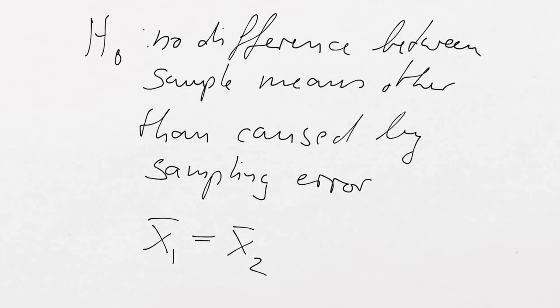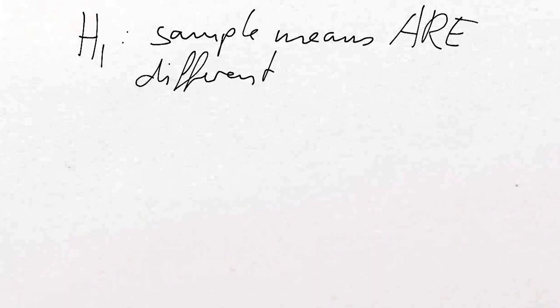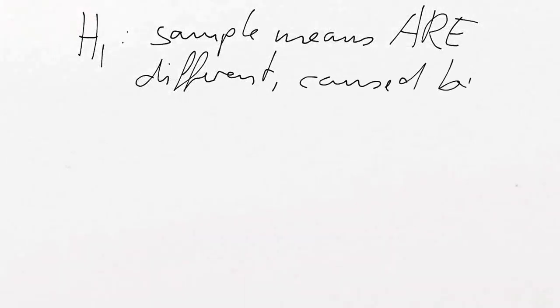And we said, well, that's fine, but very often we are more interested in the alternative hypothesis. The alternative hypothesis says, in its most basic form, that the sample means are different, and this is caused by sampling error.